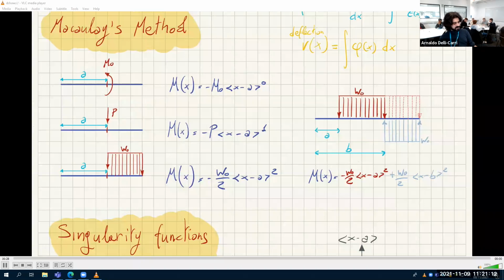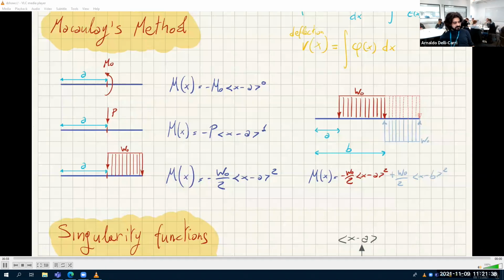And you can do the same for this, but now it's x minus a to the power of 2. And then the same you can do for a linearly distributed load rather than a constantly distributed load, a triangular load. Then you have w0 divided by 6, x minus a to the power of 3, then to the power of 4, and so on and so forth.